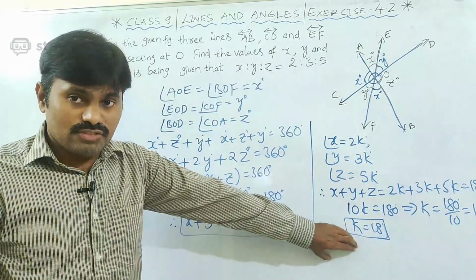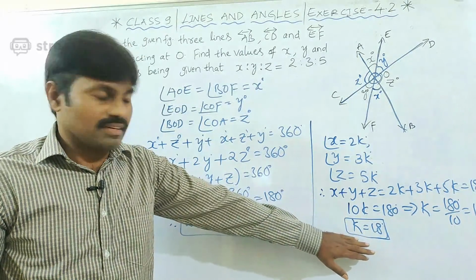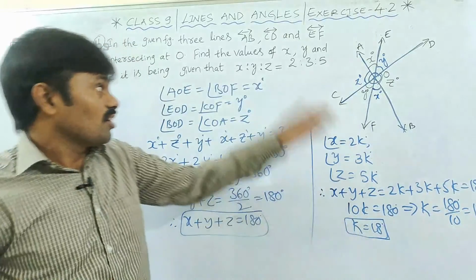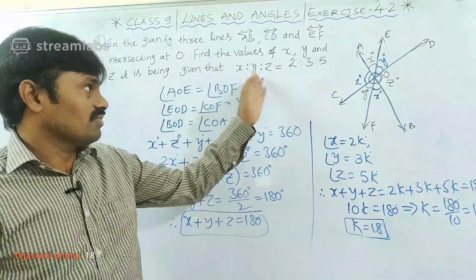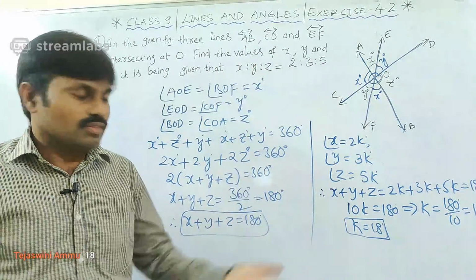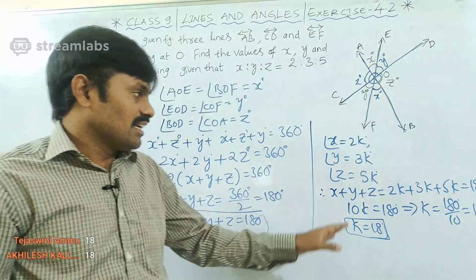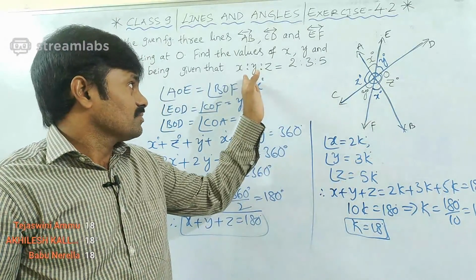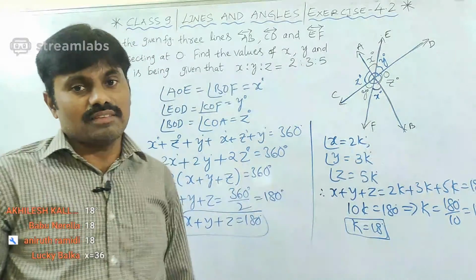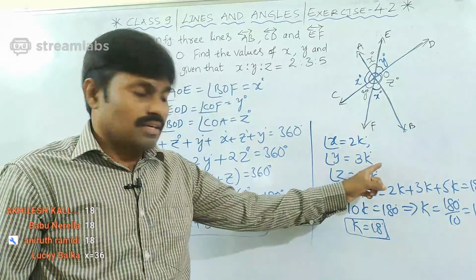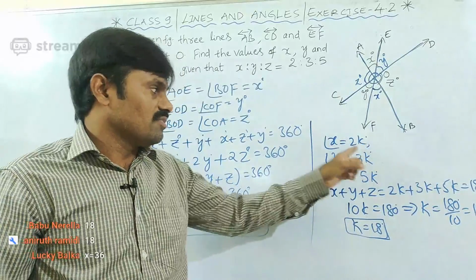Now, is this enough? Is this value required as our answer? No, we have to find x, y and z individually. Then how do we find the values of x, y and z? It is enough to know the value of k, because if you know the value of k, 2 into k gives us angle x.